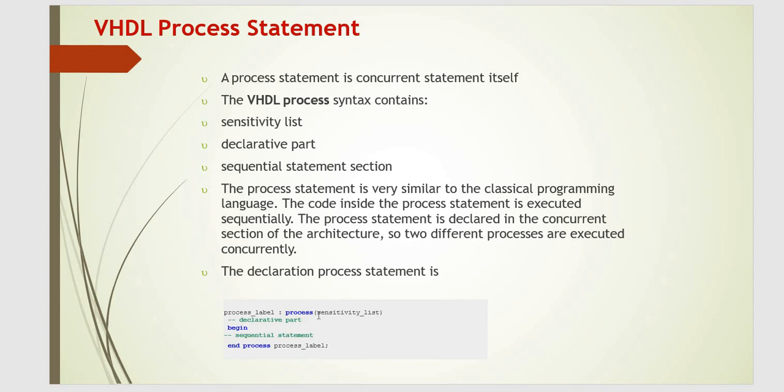The sensitivity list can contain the elements declared as part of your port map, and preferably it lists the input signals or control inputs with respect to which your process is going to become sensitive. All those signals are to be added in the sensitivity list.